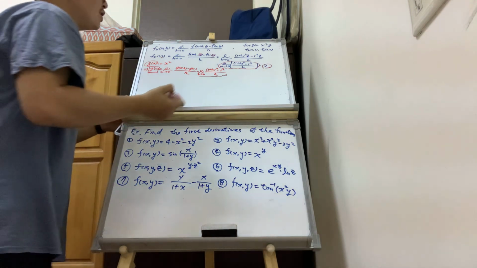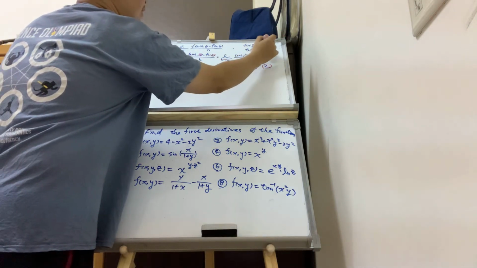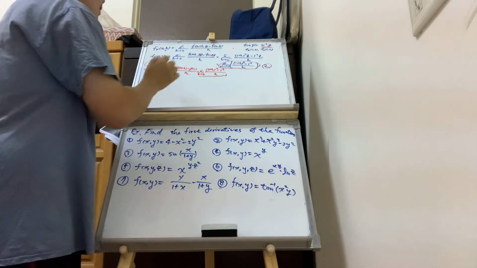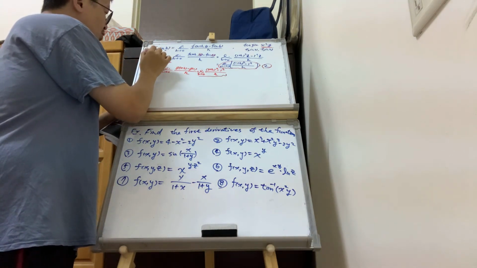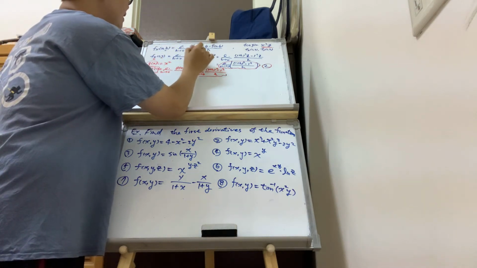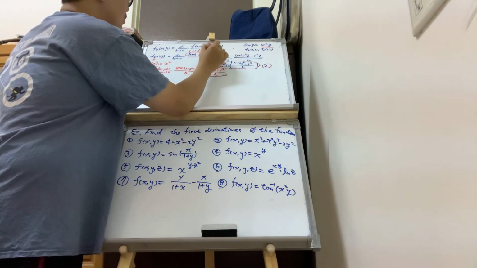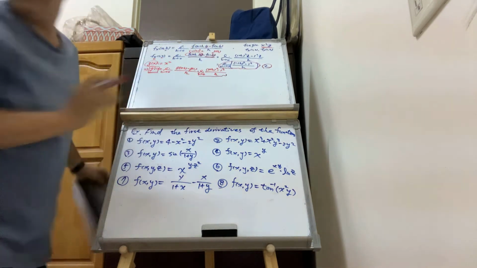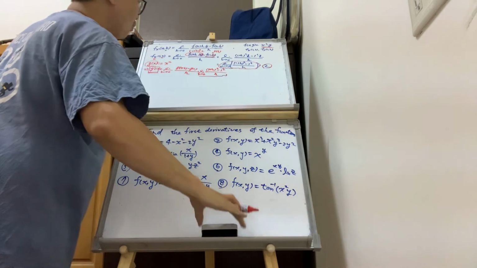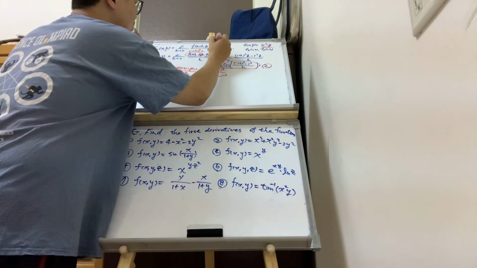Okay, so when you consider this function f of x, y equals x squared times y, and its derivative with respect to x at the point x equals 1, y equals 2, here this term is 1 squared times 2.